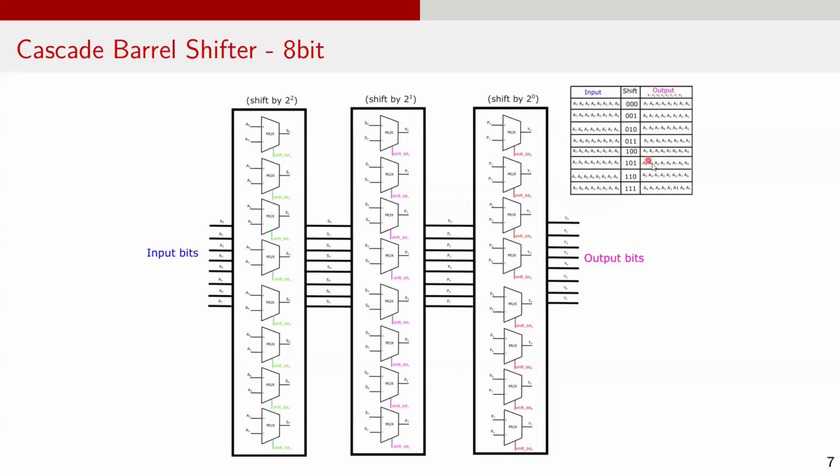So the input is rotated by 5 positions. The key point is that even though the shifter supports 8 different shift amounts, it requires only 3 stages of multiplexers, which is equal to log base 2 of 8. This logarithmic structure is what makes the barrel shifters fast and efficient for implementing variable shift operations.